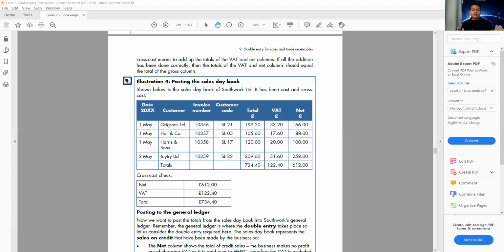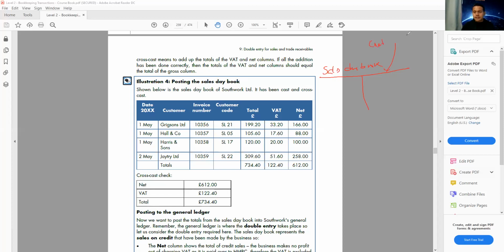So I have to be very, very clear about all these books, because from these books, first I prepare the sales daybook. In the sales daybook, I only record the credit sale. Please remember, I only record the credit sale.